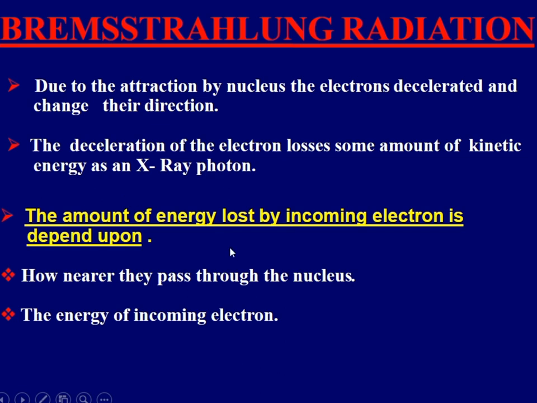Now the amount of energy lost by the incoming electron depends upon two factors. What are the two factors? The first is how near it passes to the nucleus, meaning how close the incident electron is to the nucleus and how much the nucleus can attract the incoming electron.